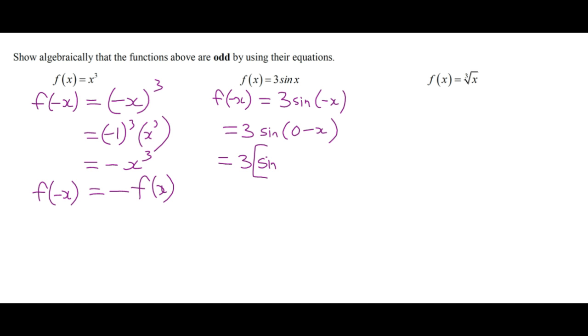So sine A, sine 0, cos B, cos x, and then is that one a plus or minus? That retains its sign. Minus cos 0 sine x. Okay, sine of 0 is 0, so we get 0 times cos x minus the cos of 0, which is 1.